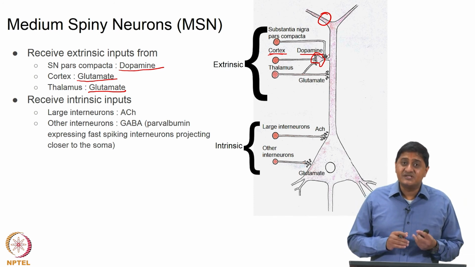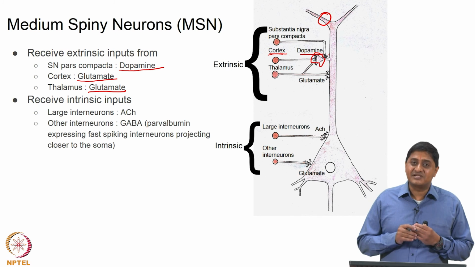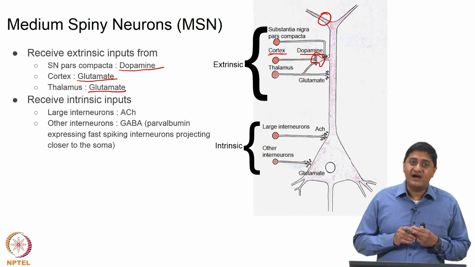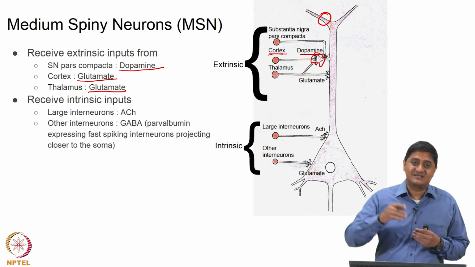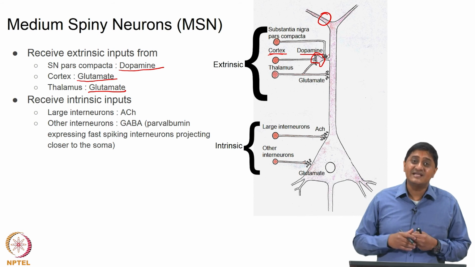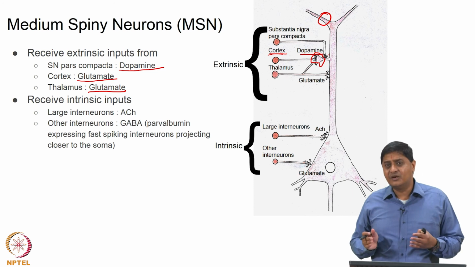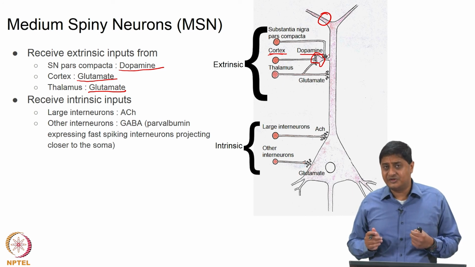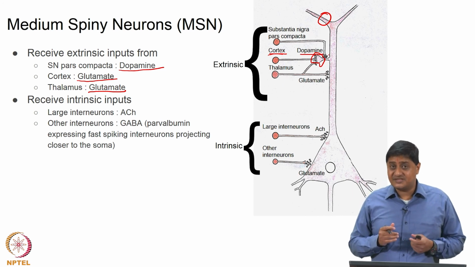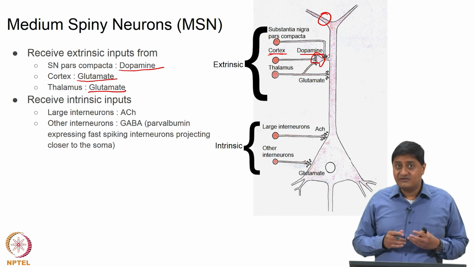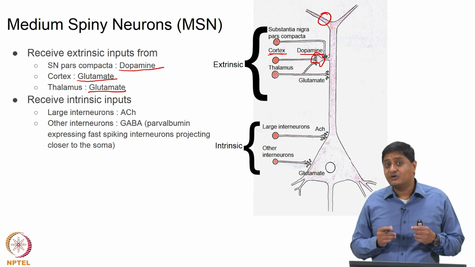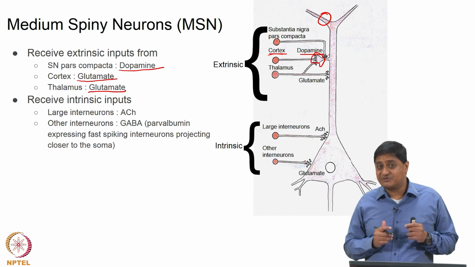The inputs from the cortex and the substantia nigra pars compacta arrive at dendritic trees at a distance from the cell body or soma of the medium spiny neurons, whereas the thalamic inputs and inputs from interneurons arrive at or closer to the cell body.